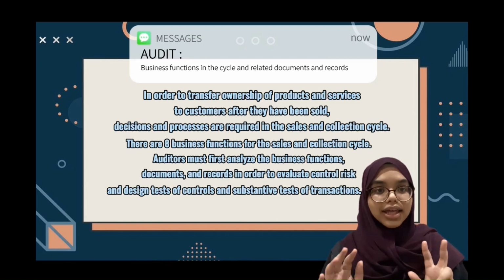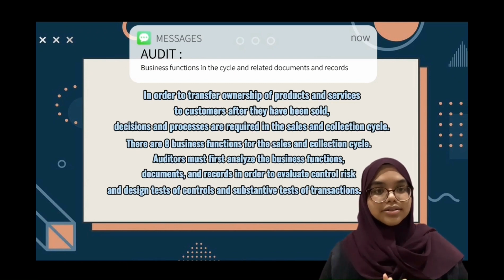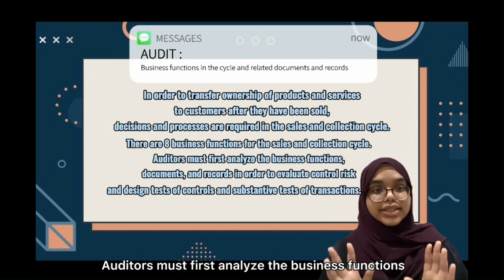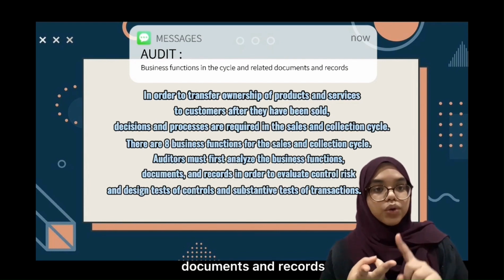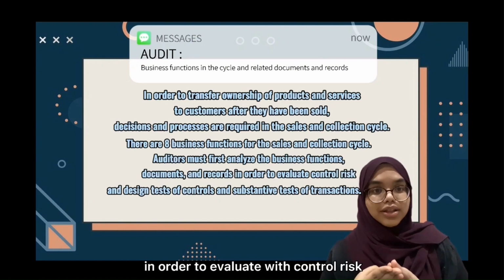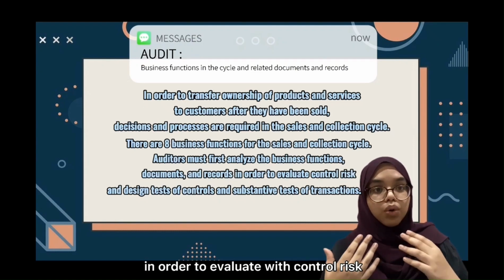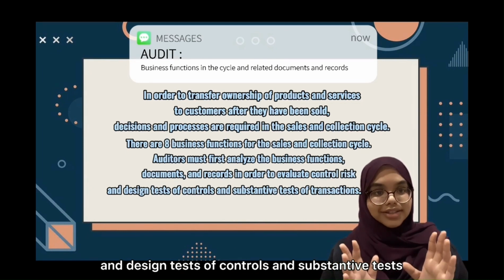Currently, there are 8 business functions in the sales and collection cycle. Auditors must first analyze the business functions, documents, and records in order to evaluate control risk and design tests of control and substantive tests of transactions.